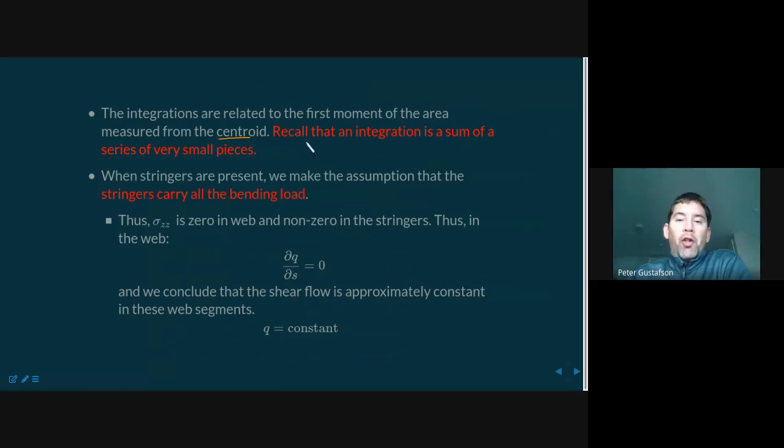And also recall another thing: an integration is nothing more than a sum. It happens to be a sum of a number of small pieces. In fact, we take an infinite number of differential pieces and add them up. But an integration is nothing more than a sum. So that's just a reminder to you.